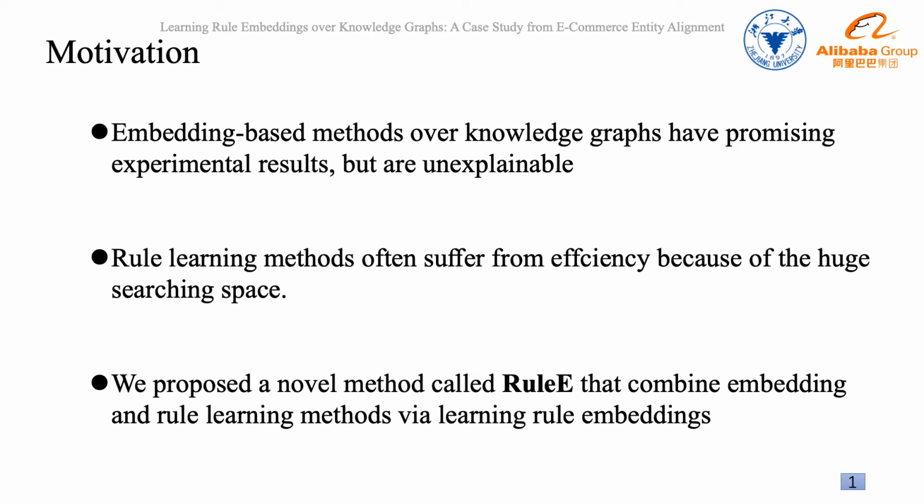And existing rule learning methods often suffer from efficiency problems because of huge search space. Thus, we propose a rule learning method called RuleE that combines these two methods by learning rule embeddings.